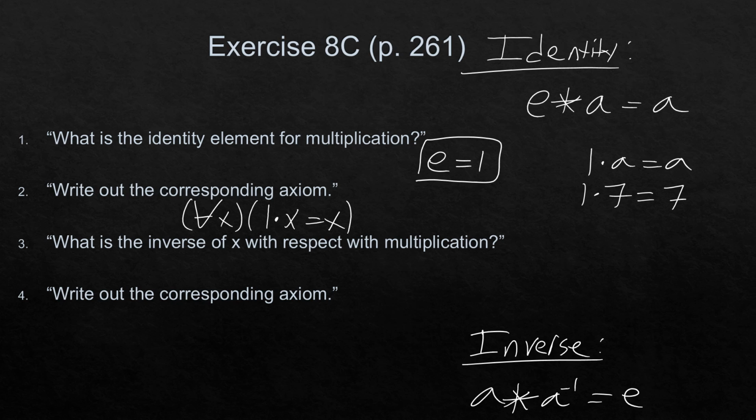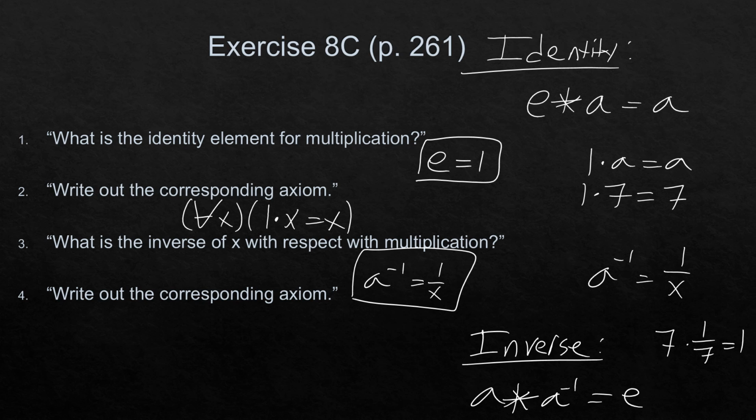Well, clearly it would be 1 over x, right? So 7 times 1 over 7 is equal to 1. So A to the minus 1 is equal to 1 over x. And then we could write out the axiom for all x. X times 1 over x is equal to 1. And that does it.